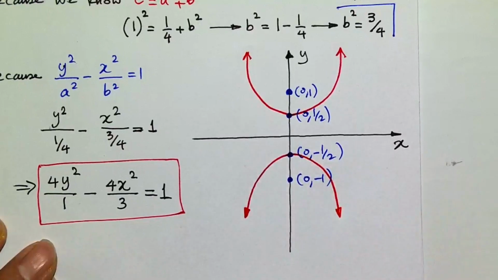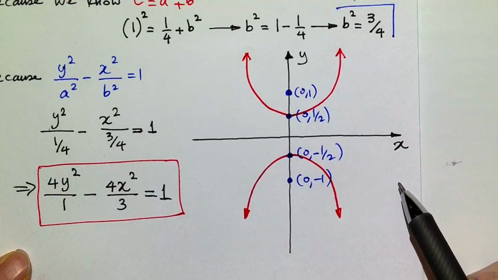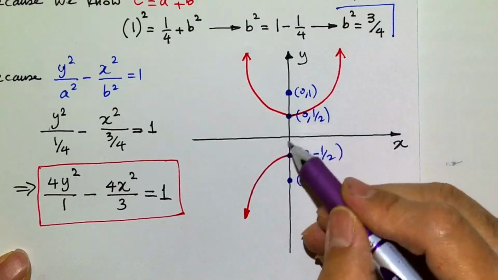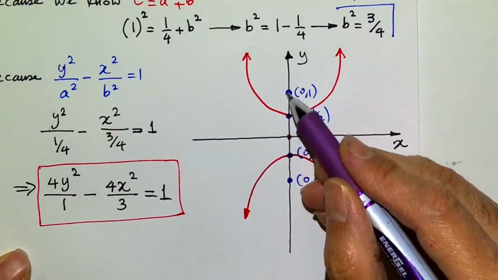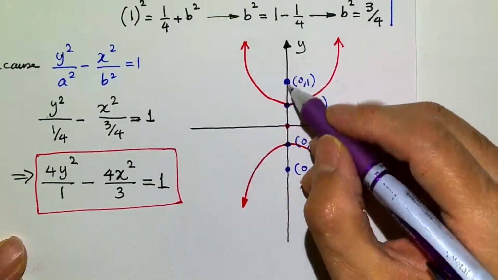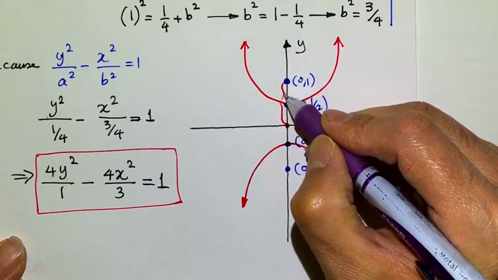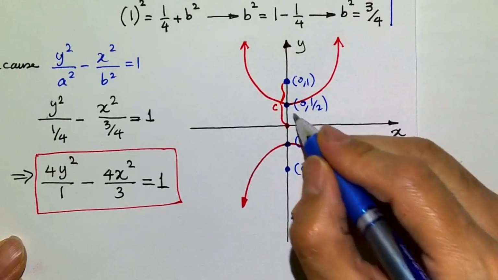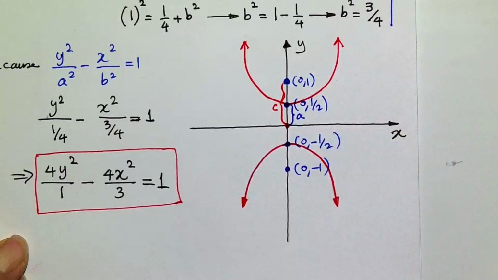The transverse axis is 2 times a. So this is a, from the origin to (0, 1/2), and this is c, from the origin to (0, 1). Let me make that clear. This is c, this is a.